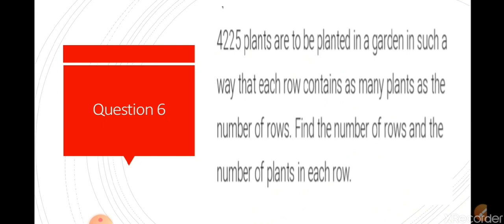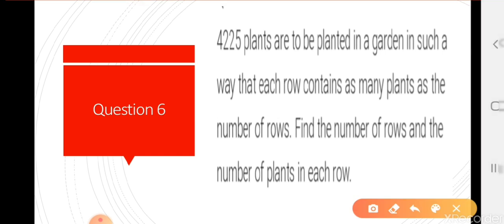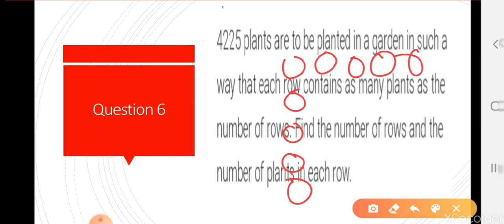According to the question, you have to plant the plants in such a way that the number of rows, for example, if you are planting 5 like this, so this side also it should be 5, 5, 5 like this. Rows and columns should be the same.